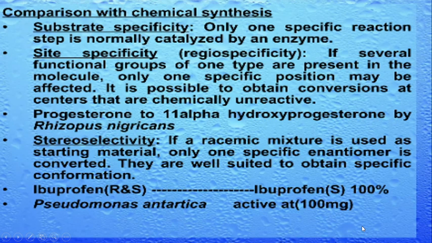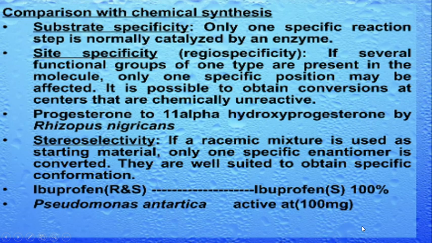In microbial transformation, the microorganism has an enzyme which acts upon the organic compound, so there is a high substrate specificity. Apart from the substrate specificity, there is also type specificity.